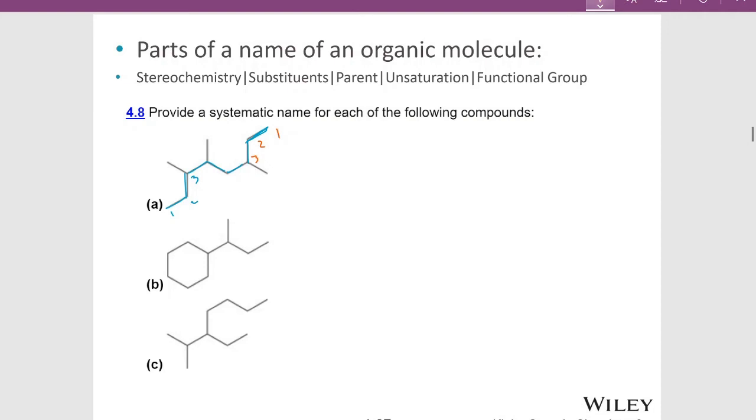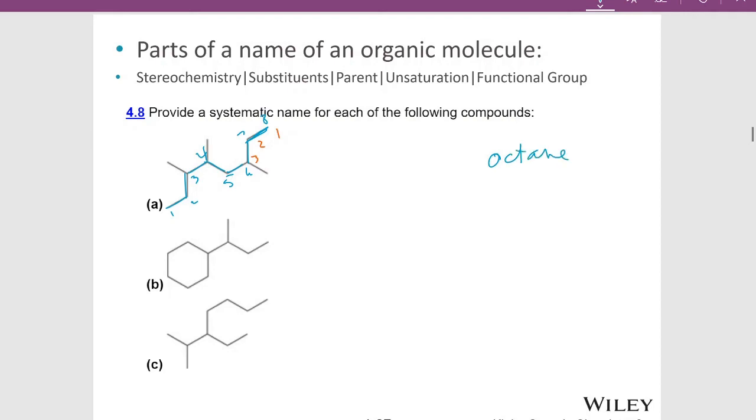If we go along the blue path, our second substituent would be at carbon 4. If we go along the orange path, our second substituent would be at carbon 5. So we're going to follow the blue path. That is a derivative of octane because we have 8 carbons.